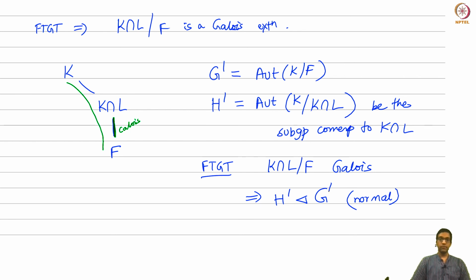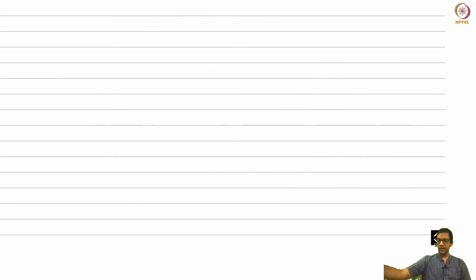Now that's a problem because we have assumed to begin with that G prime is simple, which means it has no normal subgroups other than the identity and the whole group. So there are only two possibilities: either H prime is the identity or H prime is the whole group.